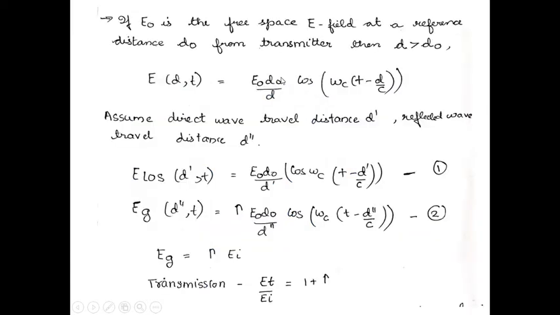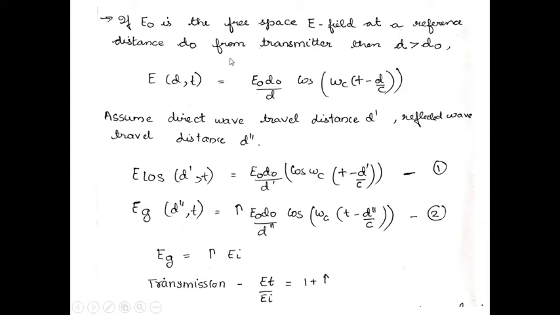When we write the expression for an electric field occurring at a distance D and time T, we can have an equation representing the envelope of the amplitude as well as its phase component. This equation is directly written in the analysis of the two-ray model, so in textbooks you can come directly to this equation.